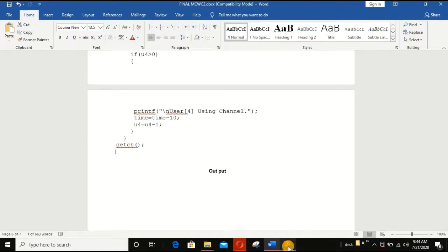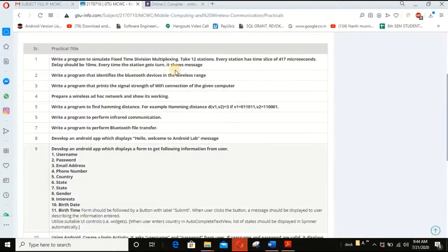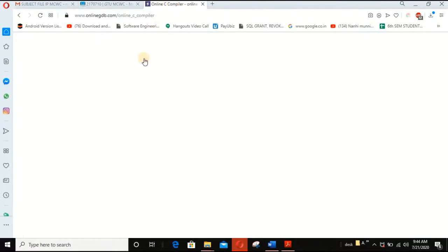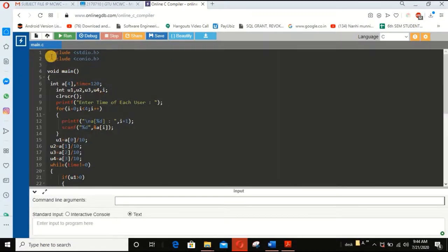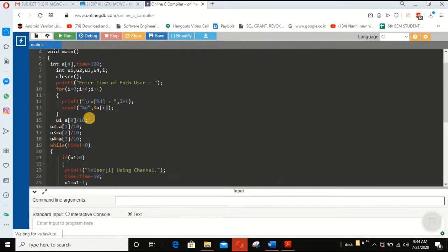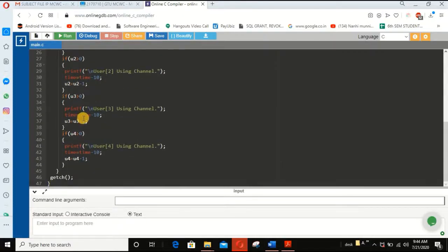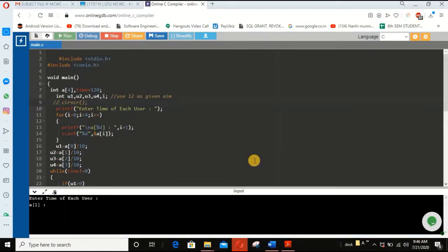So let me check the output of this program. Here I am using a simple online compiler to run the program. So this is our program. Here is the output of this program.